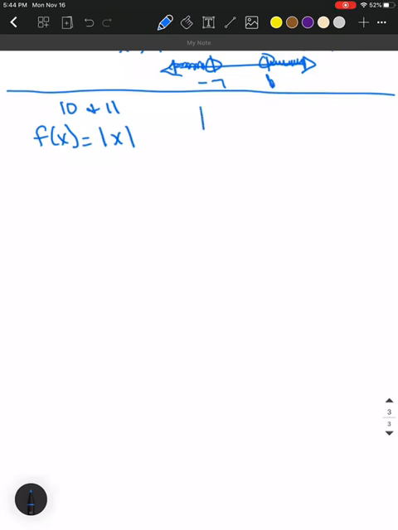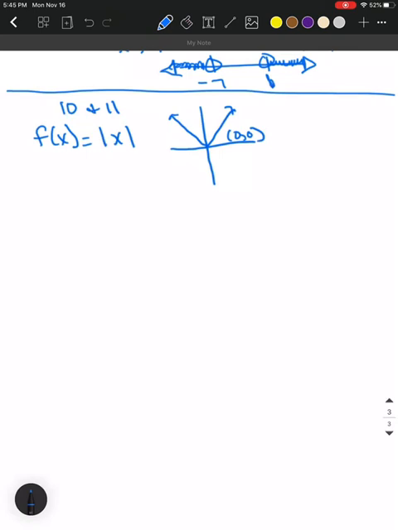All right, so if I was to give you a mini graph, f of x equals the absolute value of x, it's just the V, whose vertex is at the origin 0, 0. Okay? Any other vertex is considered a translation, or some form of transformation.